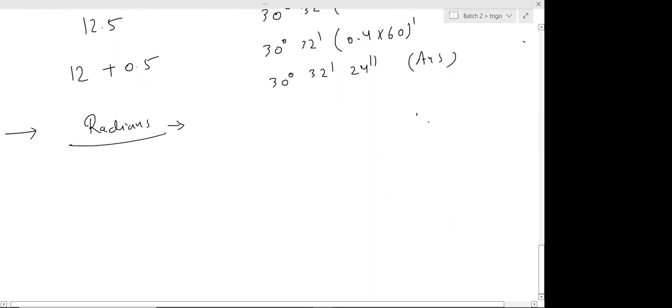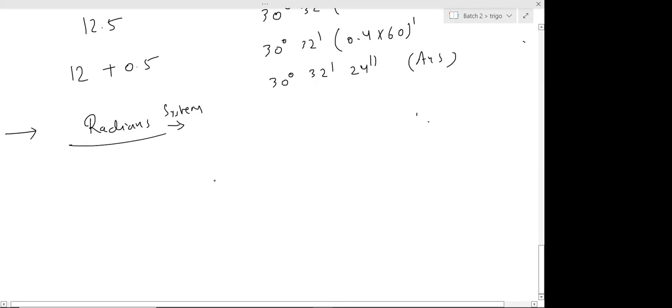If you have to measure length, you can use kilometers, or even light years. There are different units. If you have to measure weight, you can use the kilogram system, pounds, and so on. Same way, for angle measurement, we have the radian system.